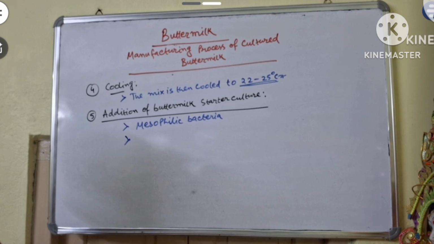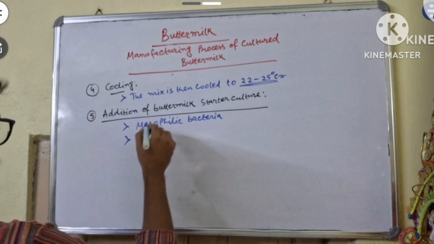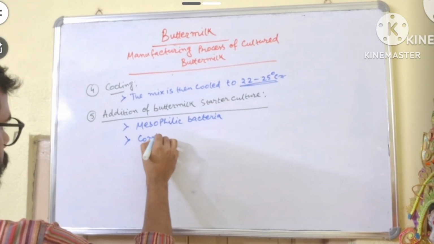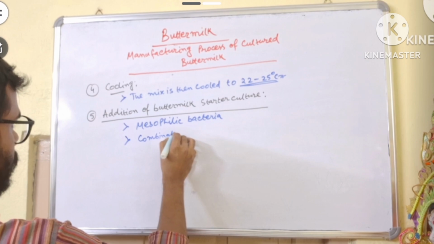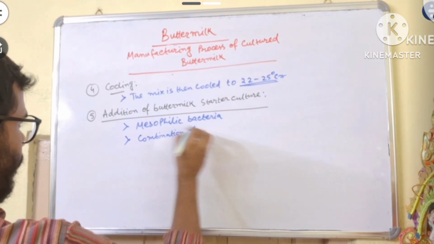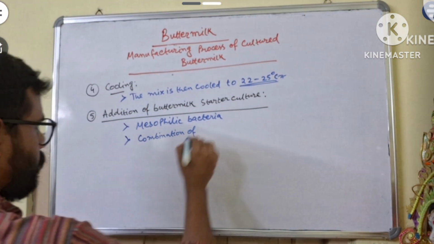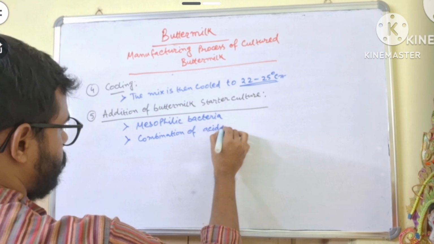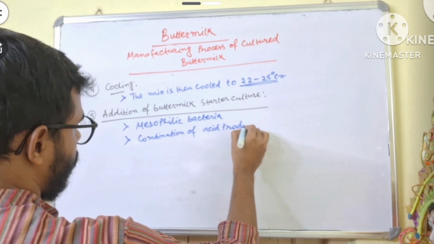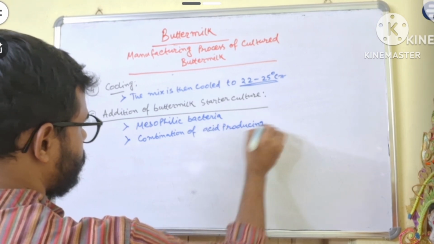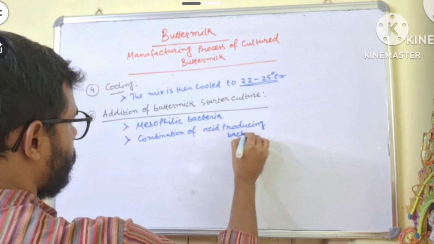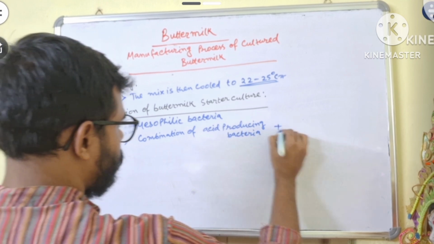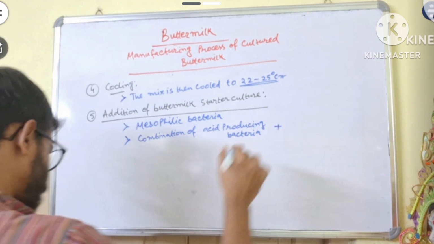And the starter culture for buttermilk is a combination of acid producing bacteria as well as flavor producing bacteria.